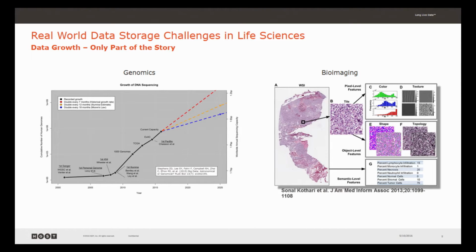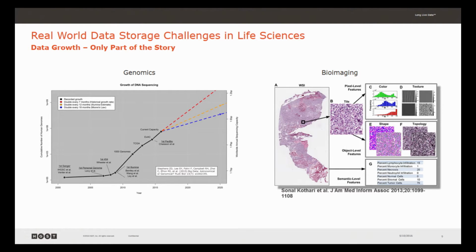So when we look at the data challenges, we all know that the growth is a problem, and this illustrates that. The chart on the left-hand side, you may have seen this before, but ultimately it is the global sequencing capacity, and how that's growing. The line on the bottom is Moore's law, so everything above that is really where we are today.